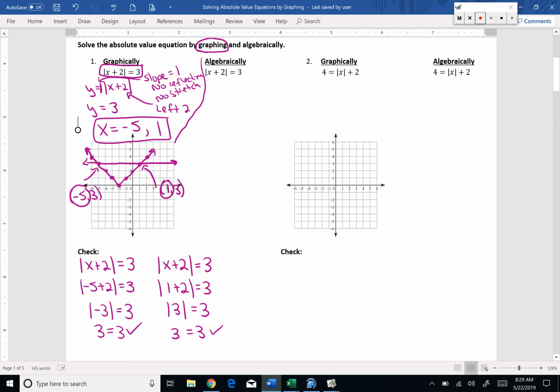And don't let the word algebraically freak you out. Algebraically just means how you solve when you use all those properties like your additive inverse. So to undo addition, I use subtraction. To undo multiplication, I use division. Those types of things. So algebraically is how you're used to solving the equation without the graph.